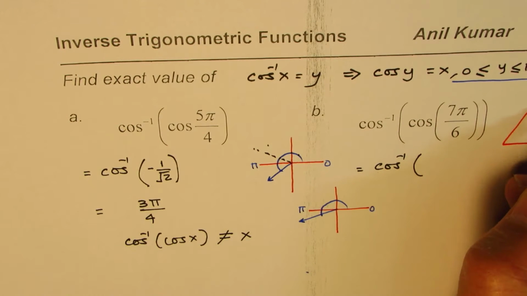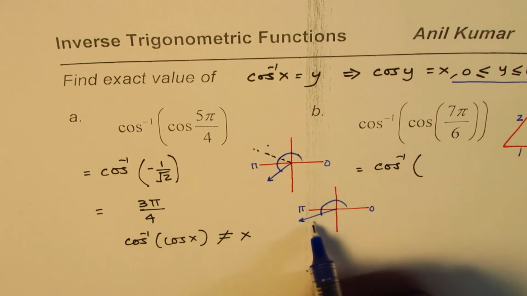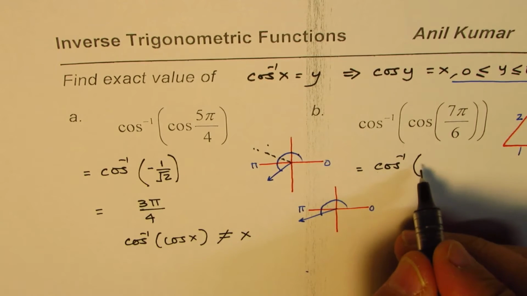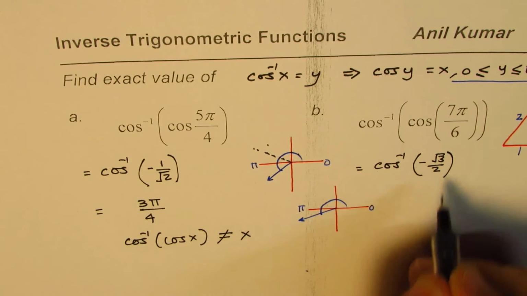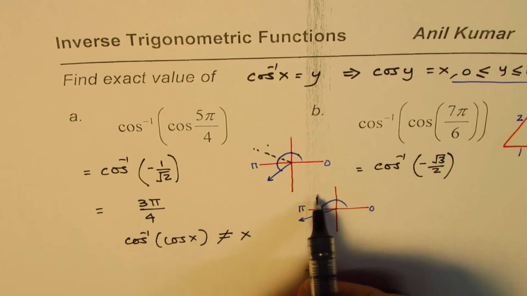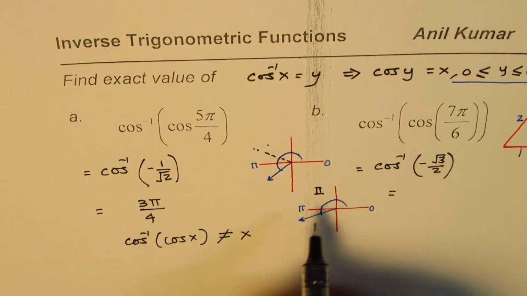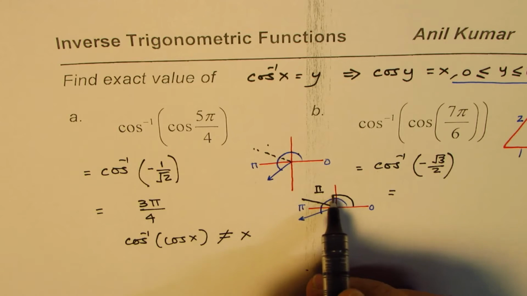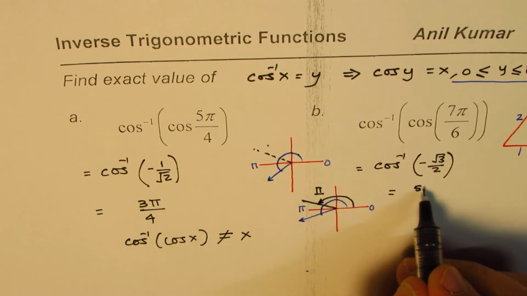So for pi by 6, it is square root 3 over 2, right? Since you are in quadrant 3, you get a negative number. So it is negative square root 3 over 2. Now, cos is also negative in quadrant 2. And therefore, the angle which you get is this angle, which is 5 pi by 6.